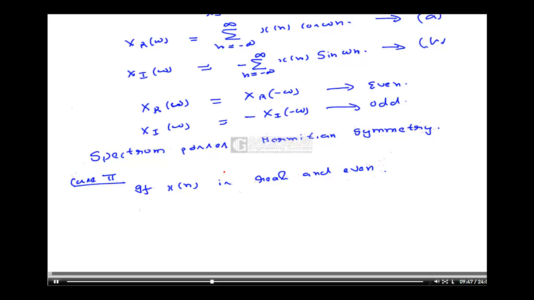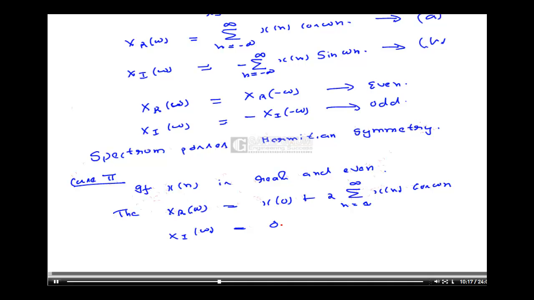In this case, if x[n] is real and even, then X_r(omega) equals the summation of x[n] cos omega n and X_i(omega) equal to 0.